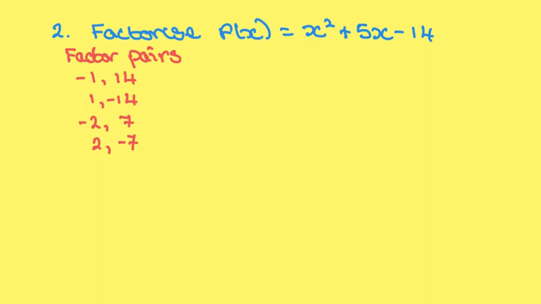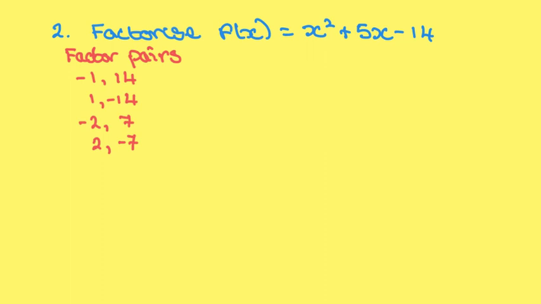Now the second thing, find which of these pairs of numbers we can add together to make the coefficient of our x term. Well, our x term is plus 5. Minus 1 plus 14 is 13. 1 minus 14 is minus 13.